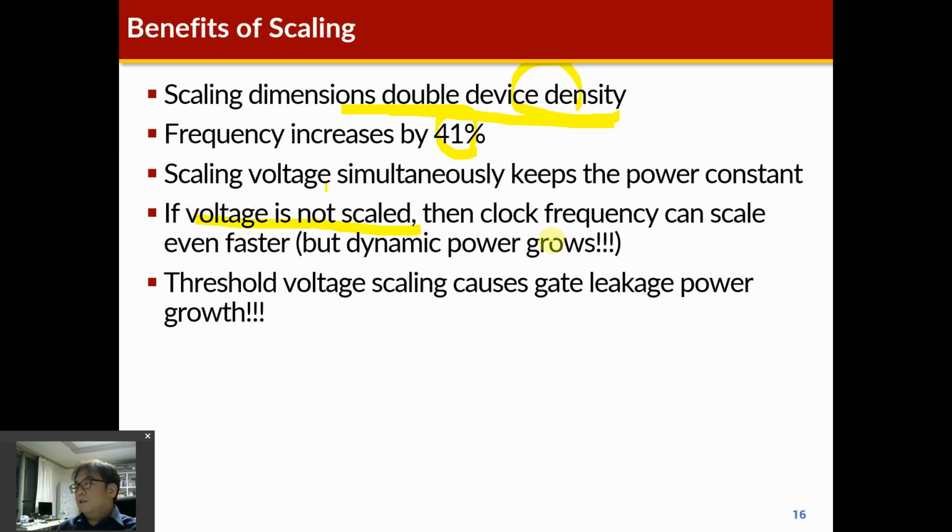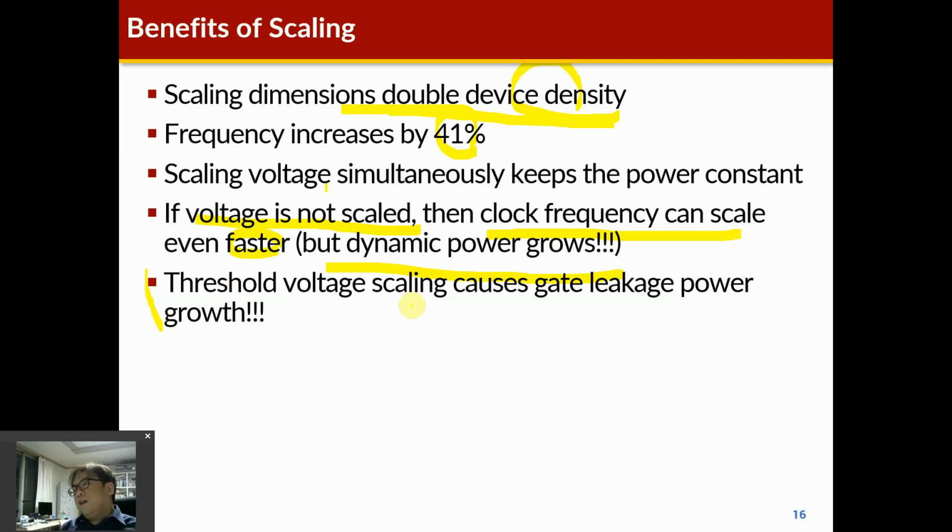Voltage is not scaled, clock frequency can scale even faster, but dynamic power grows. So if we want to reduce the dynamic power, then voltage is scaled down, but frequency is not scaled. Then dynamic power will reduce. But this is the disadvantage of CMOS scaling.